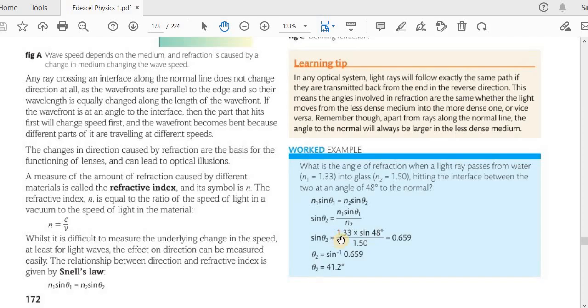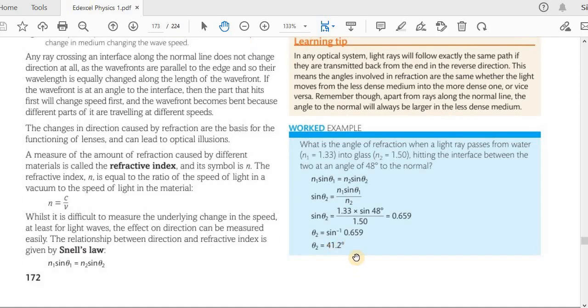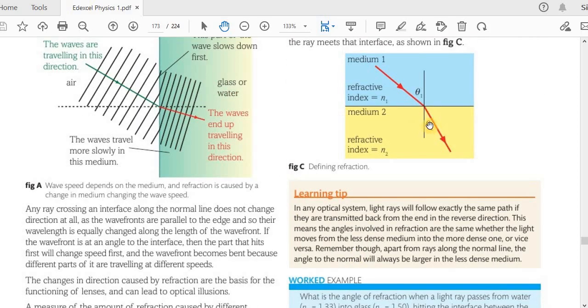So 1.33 times sine 48 divided by 1.5. We get this, and we take the sine inverse or arc sine of it. That will give us 41.2 degrees. 41.2 degrees is the answer. So this angle here is 41.2 degrees.